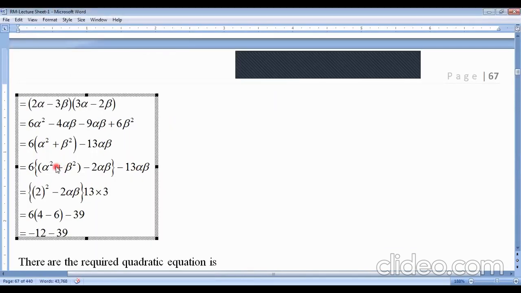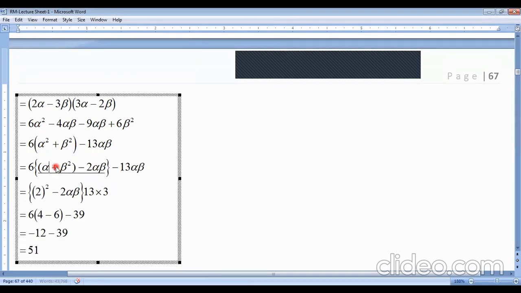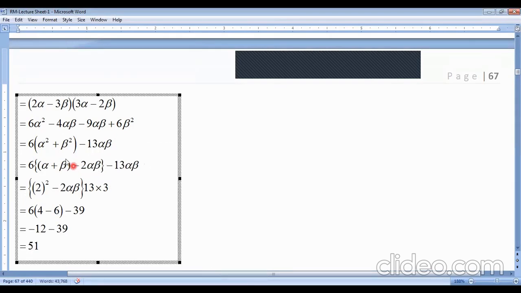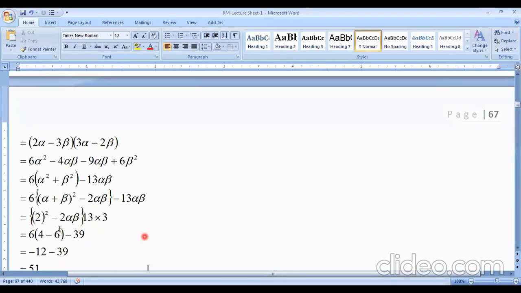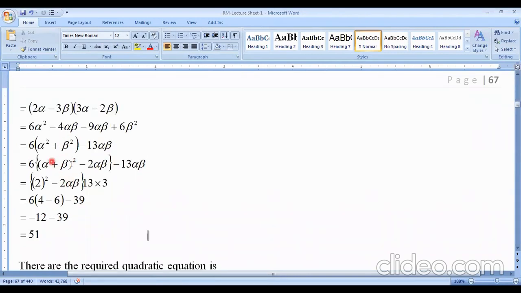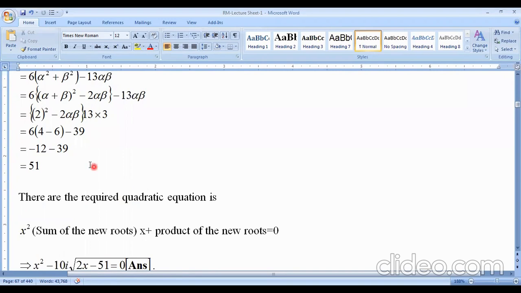So alpha square plus beta square equals alpha plus beta whole square minus twice alpha beta. Alpha plus beta, the sum of the given roots, is 2, and the product of the given roots is 3. Then we get 51. This is the product of the new roots.